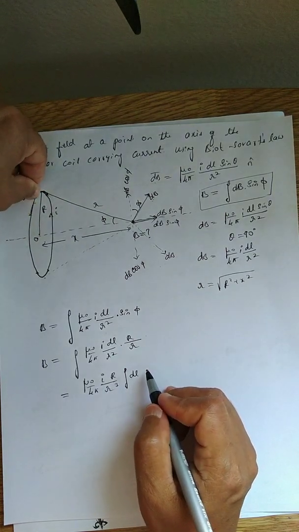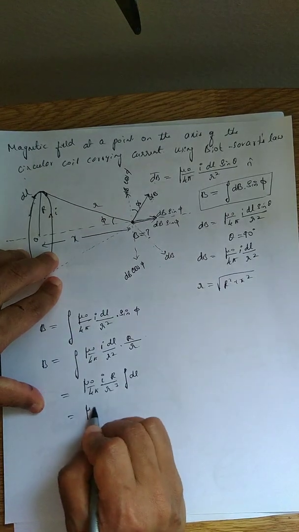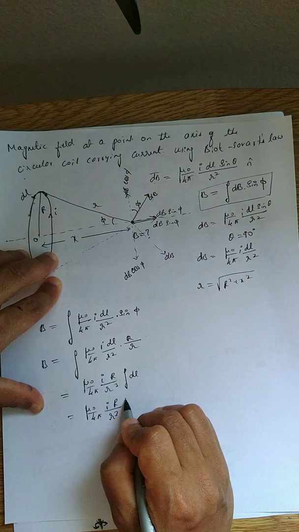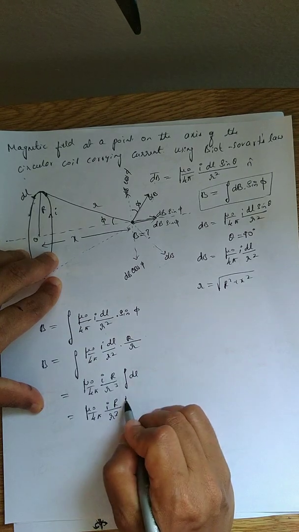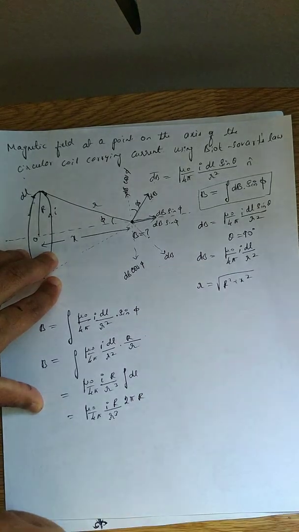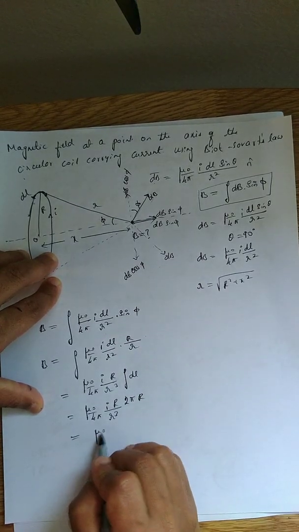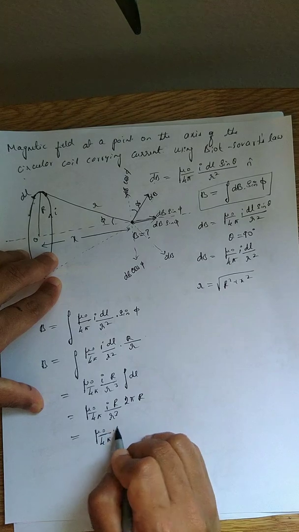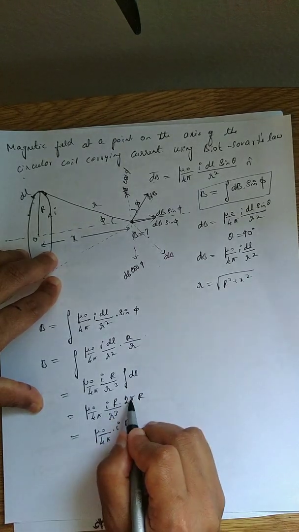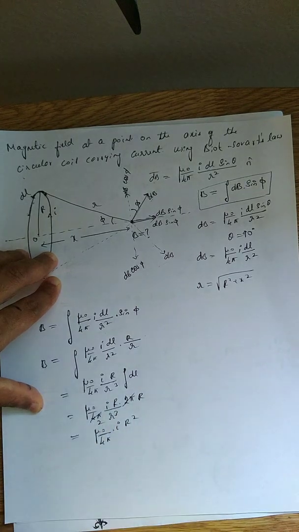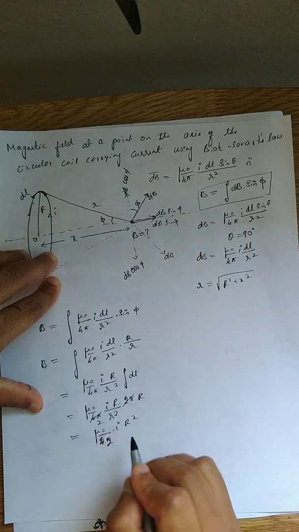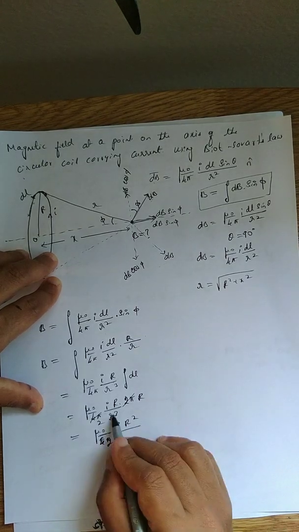Ultimately you get the circumference of the coil. So I can write mu naught by 4 pi I r by small r cube. Integral of dl is nothing but the circumference. Circumference is nothing but 2 pi r. So it is mu naught by 4 pi I r squared. I can do one thing twice. So I'll write it as mu naught by 2, I r squared divided by r cube.